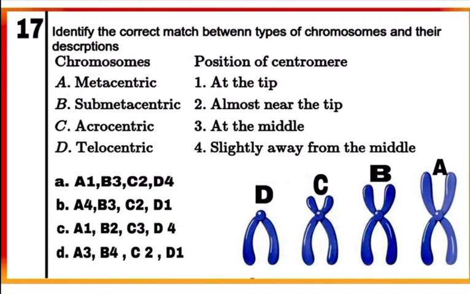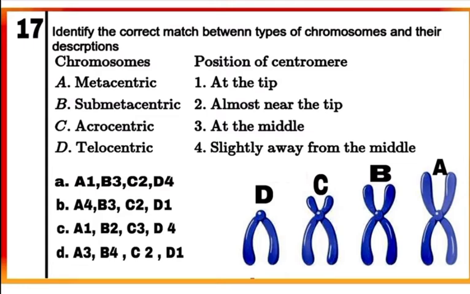Question 17. Identify the correct match between types of chromosomes and their description. Here, types of chromosomes are given based on the position of centromere. Chromosome A, metacentric, it has centromere located at the middle. B, submetacentric, it has centromere slightly away from the middle.